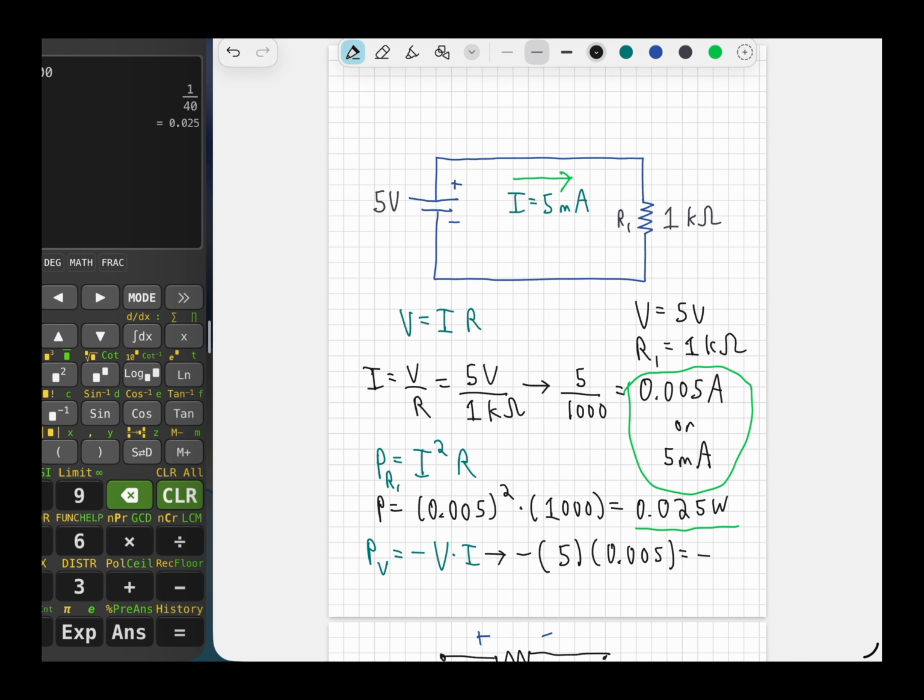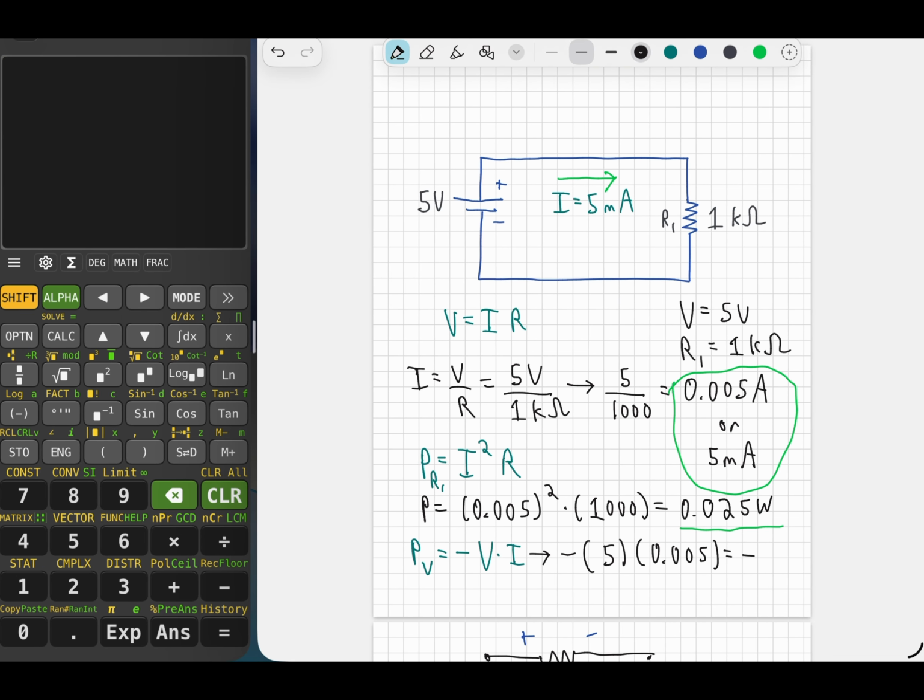So once we do those calculations, 5 times 0.005, we get the answer here to be negative 0.025 watts.